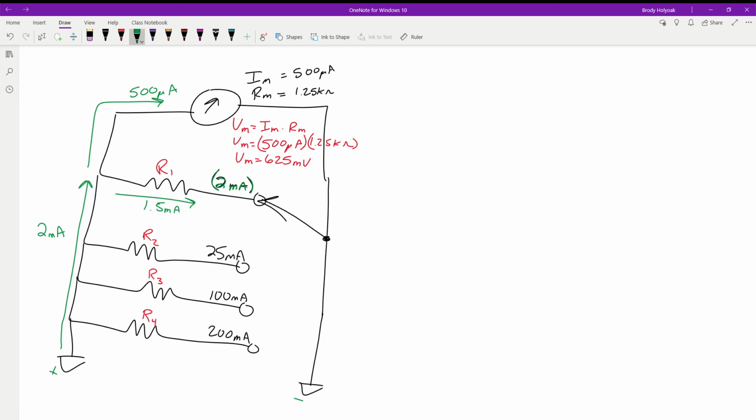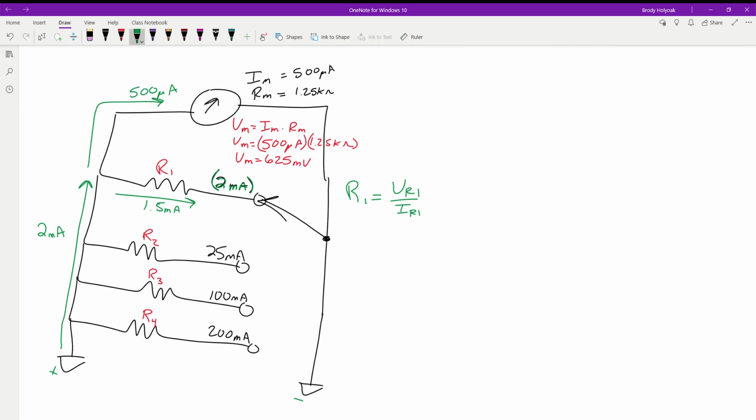Voltage divided by resistance. Yeah, voltage divided by current. So R1 is equal to the voltage of R1 divided by the current of R1. Do we have all the information we need to solve for this? Yes, why?